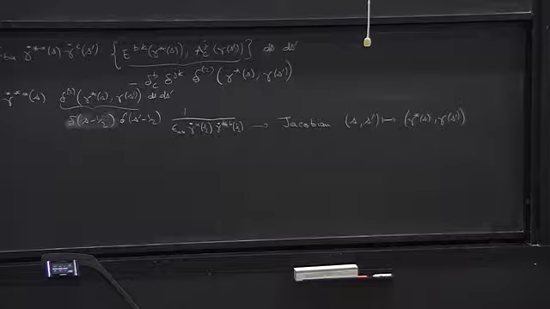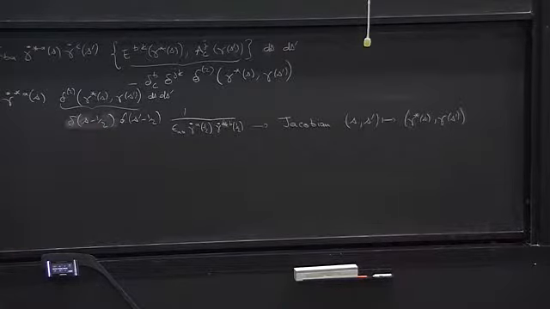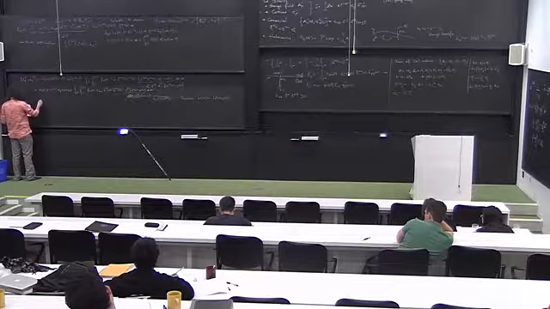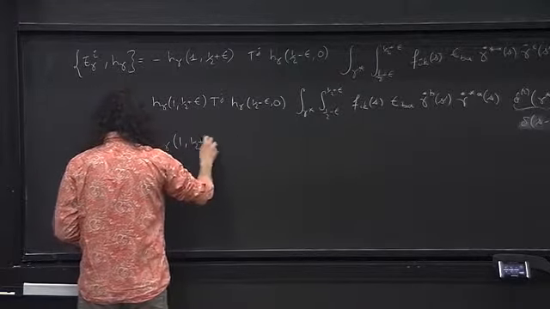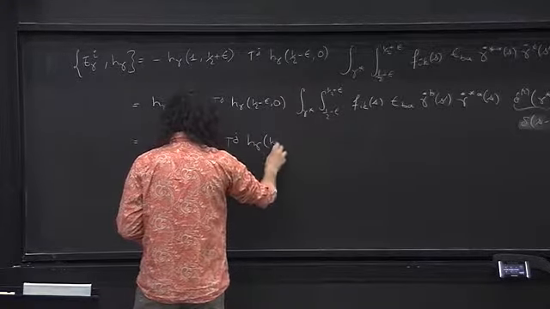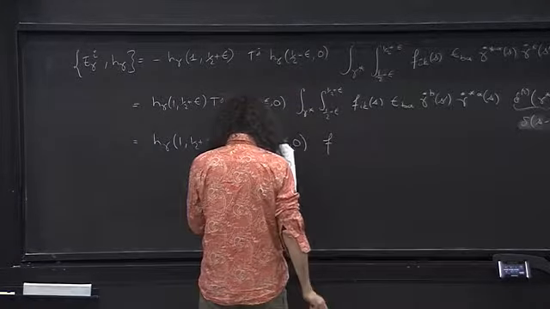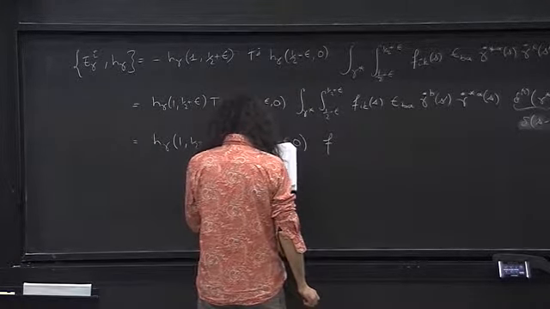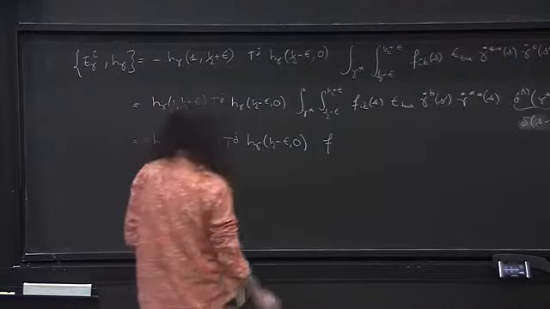Then I can use my two delta functions. S is set to 1/2 and S prime too. So I get something simple. H gamma times F IJ.